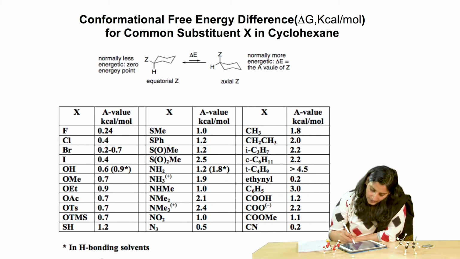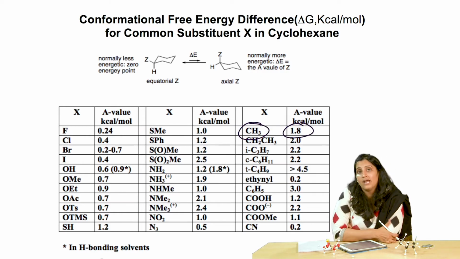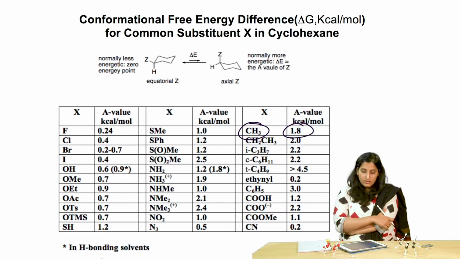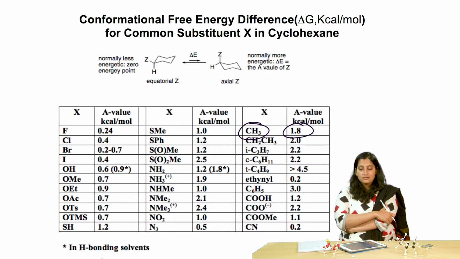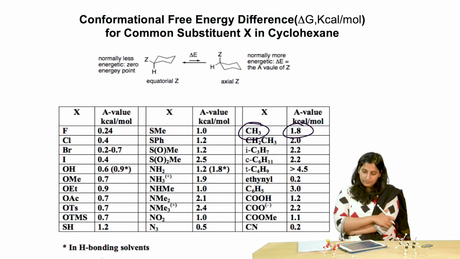So, if I look at methyl group here, it looks like 1.8 kilocalories per mole difference between the axial to equatorial. So, as the group goes from equatorial to axial, there is a destabilization of around 1.8 kilocalories per mole.